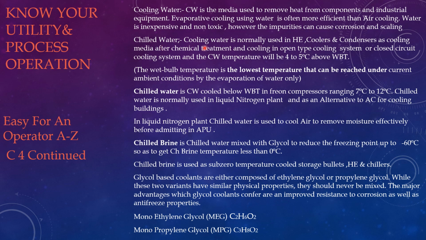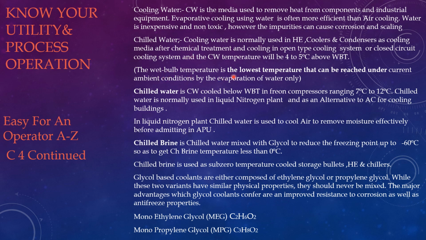Cooling water is normally used in heat exchangers, coolers and condensers as cooling media after chemical treatment and cooling in open type cooling system or closed circuit cooling system, which is used normally in Gulf countries, and the cooling water temperature will be around 4 to 5 degrees centigrade above the wet bulb temperature only.